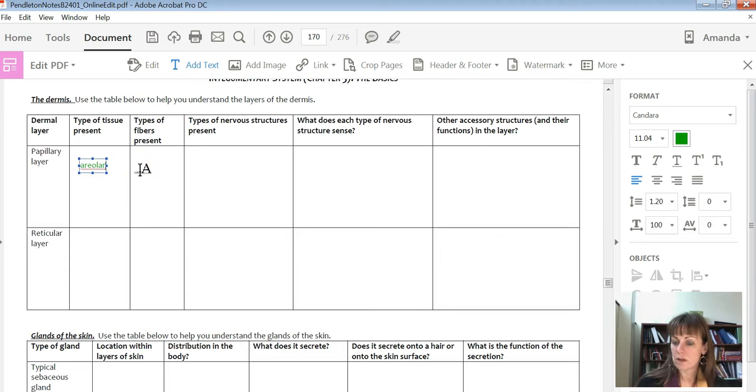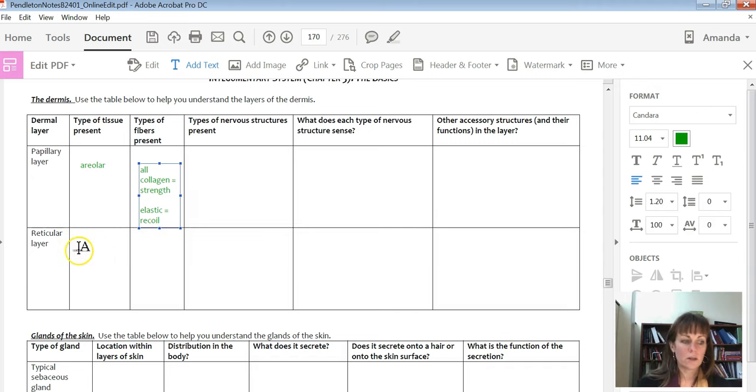So if you ask yourself what types of fibers are there, hopefully from chapter 4 you know we've got all types of fibers. Now, I do want to point out that collagen is going to be particularly important for providing strength to the skin, and then it does have those elastic fibers, which give it recoil. So I can pull on my skin, and now it goes back to pretty much normal.